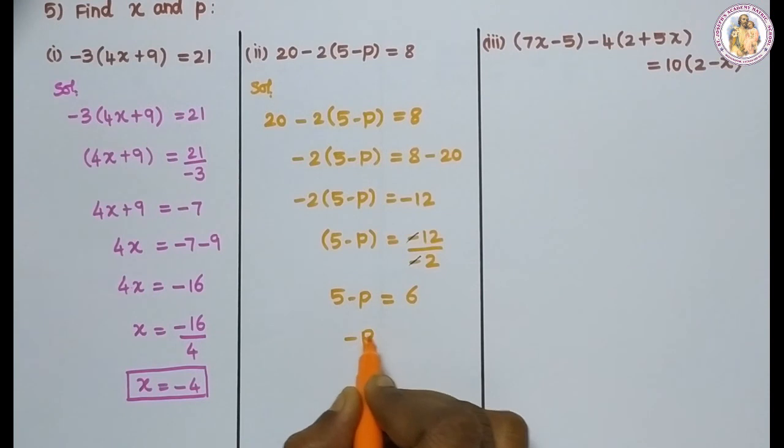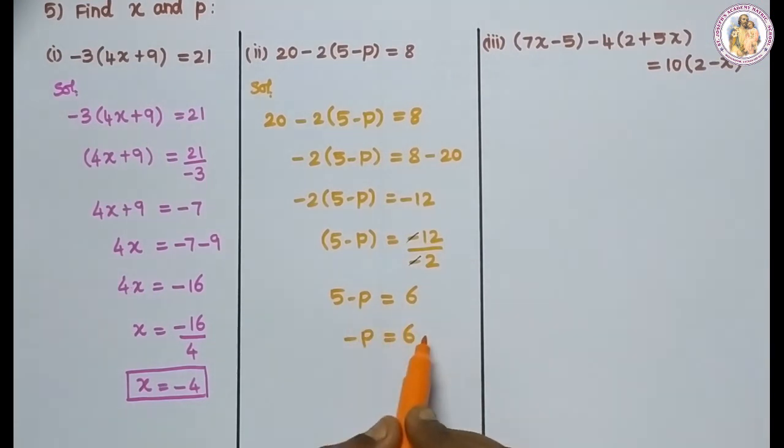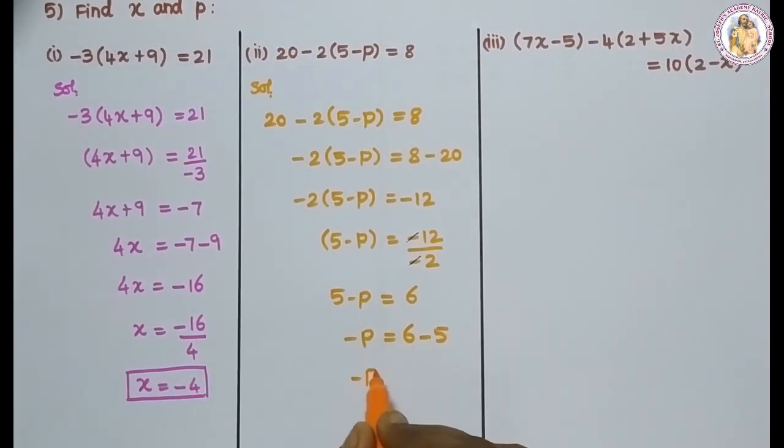Now minus p equal to 6 plus 5, bring this side means minus 5. Minus p equal to 1. So p equal to minus 1.